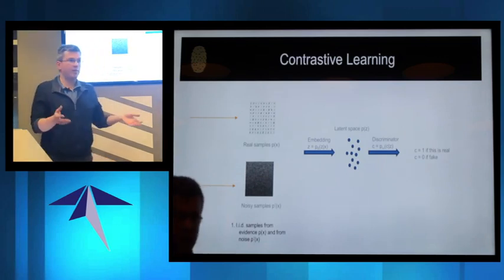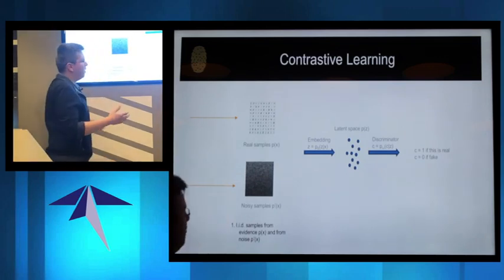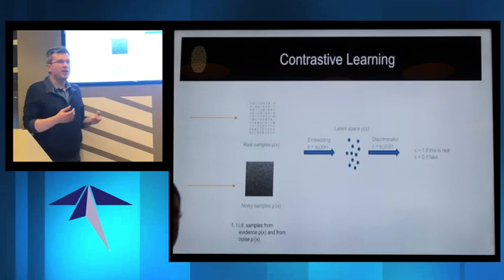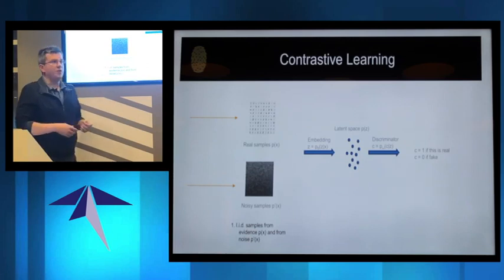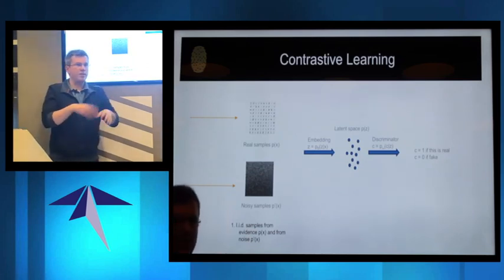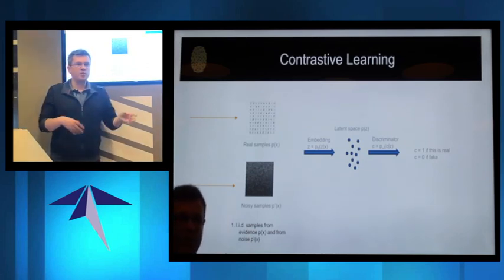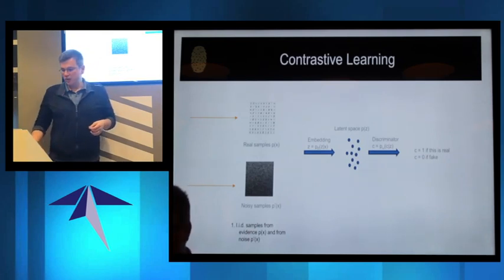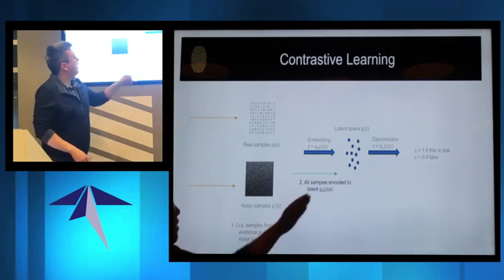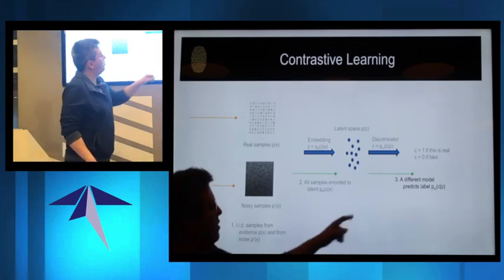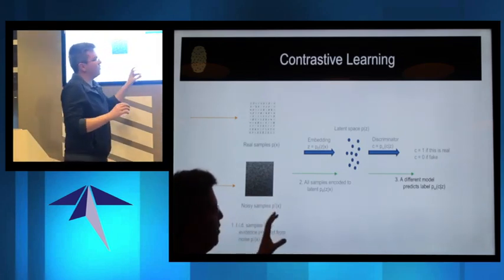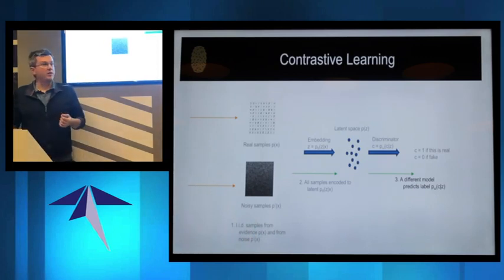So we sample a bunch of word combinations. We sample them from the real distribution, looking at maybe Wikipedia and what people write, and we sample them from a noise distribution. And we mix the noisy samples with the real samples, and push them forward into our latent space and then through the discriminator. Here a system predicts whether parts of the sample are fake or real.